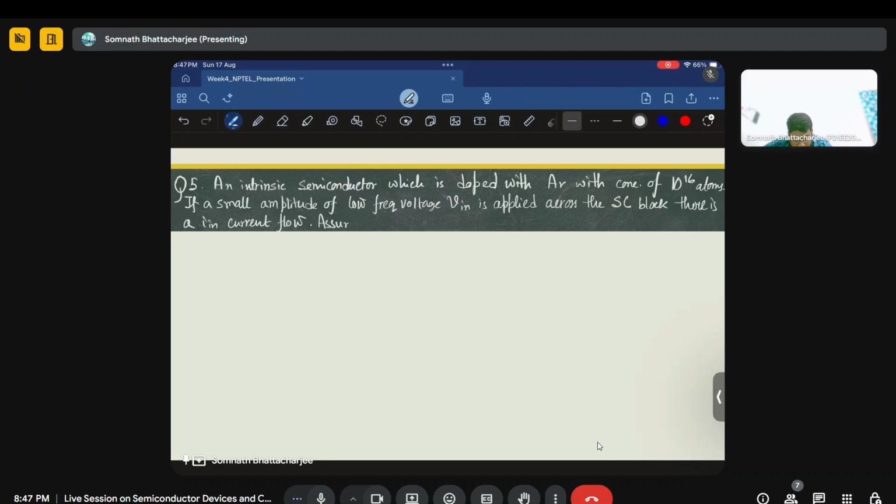assuming the cube shaped semiconductor has side of 10 micrometers.